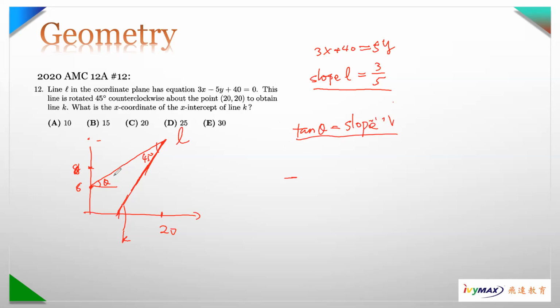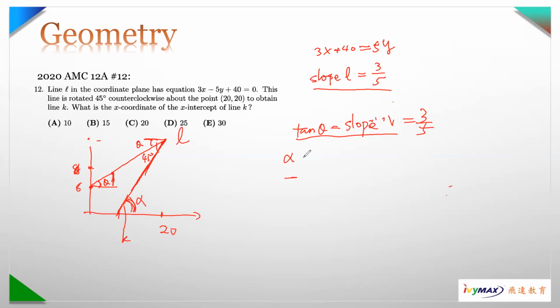So you can check if you have a point on the line, that will be considered as y over x, which is just tangent theta, right? Y over x will be considered as the slope of this line, right? Yeah. Okay, so the tangent of this angle should be 3 over 5. And this big angle, let's say alpha.